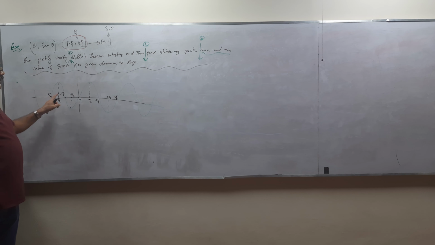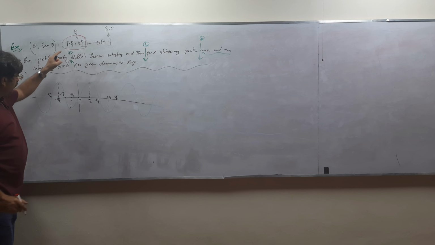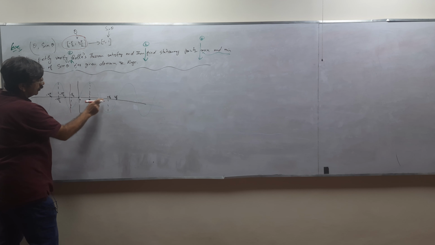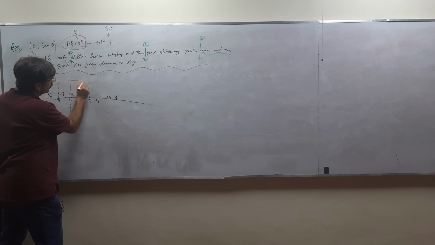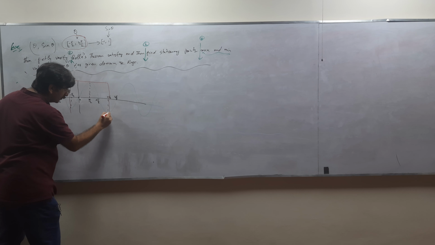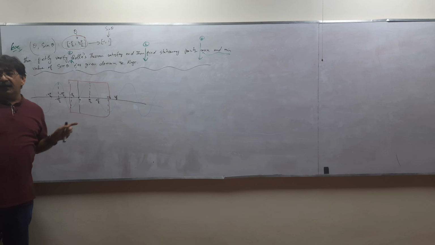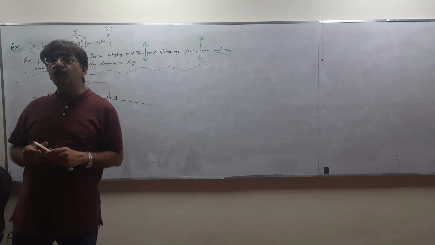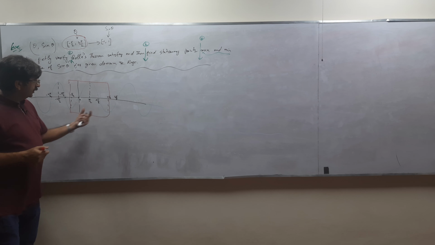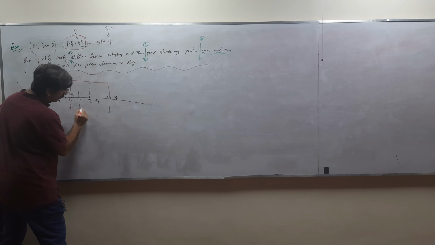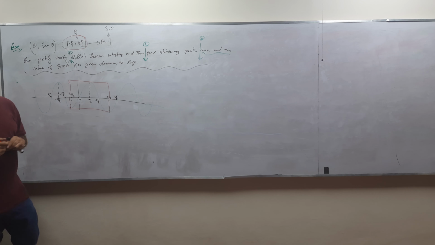The theta value is from minus pi by 2 to 3 pi by 2. So this is our graph; the remaining parts are not related to our question.